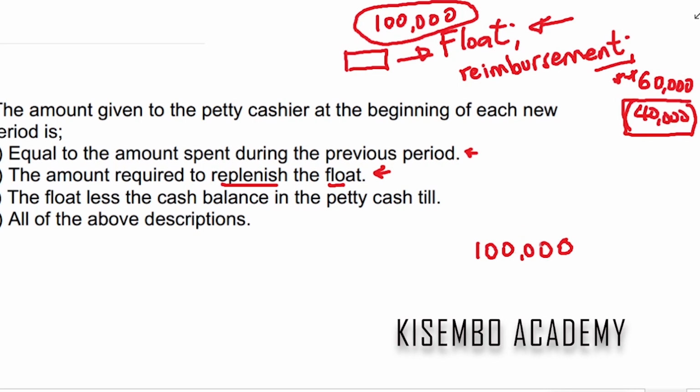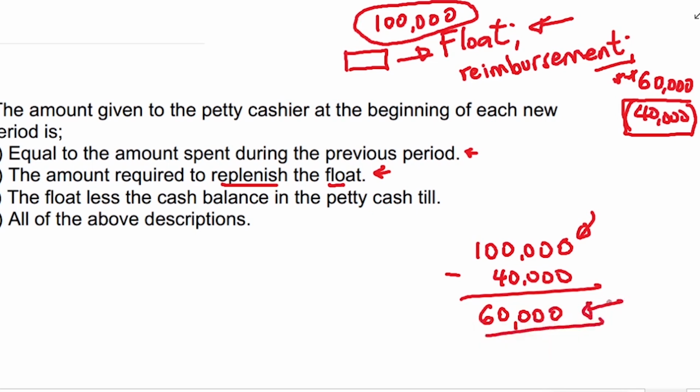So if I take the float and subtract the 40,000, it means that what I'm supposed to be given in the new period is the reimbursement amount, 60k. And the float less the cash balance in the petty cash till is the amount that is supposed to be given to the petty cash.